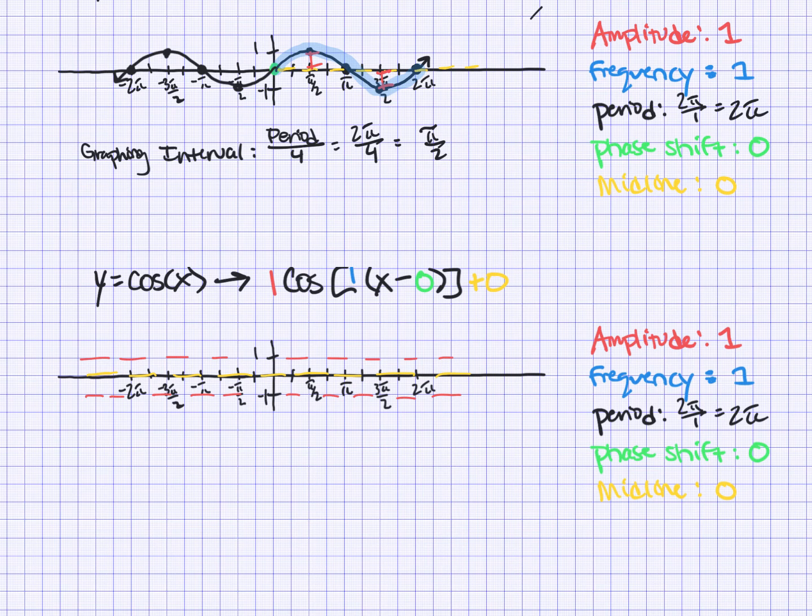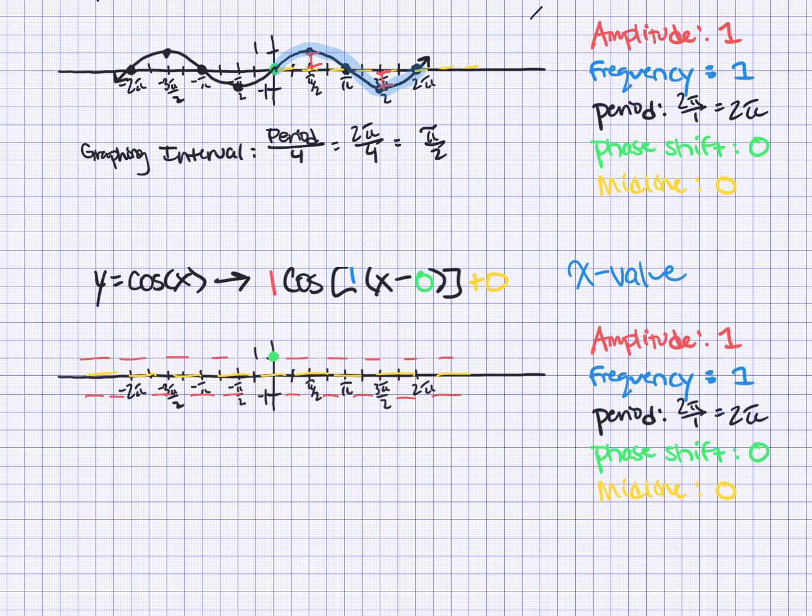Now, as far as our starting point for cosine, I ask, at 0 degrees or 0 radians, what's the x value of the coordinate? Well, the x value is going to be 1. So we're starting at the very top now instead of in the middle.